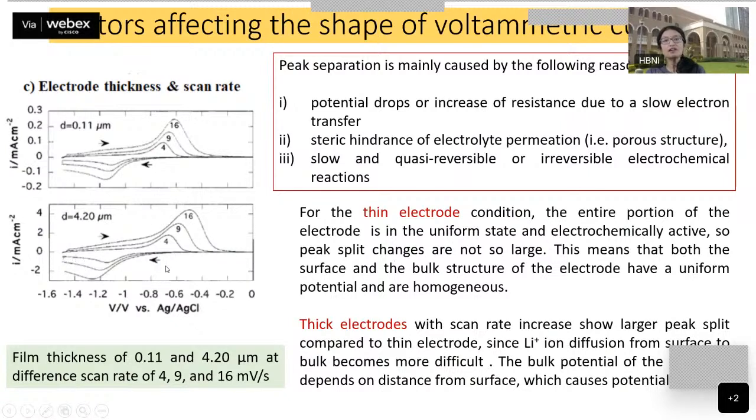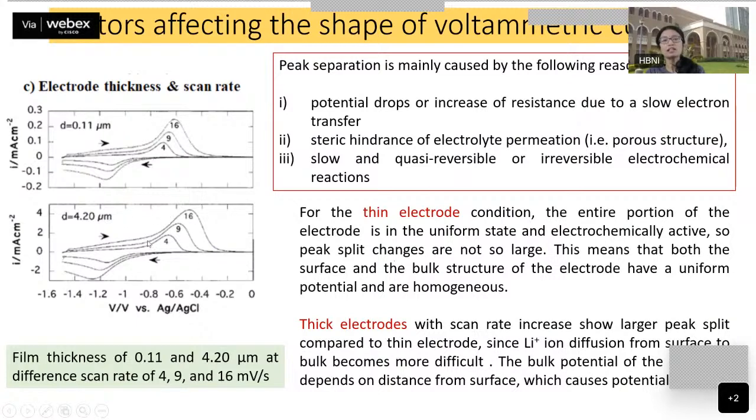But whenever you have a thicker electrode, and the scan rate increases, you will see there is a much larger peak shift. So the peak split, if you see over here, is much larger compared to what you see in case of a thin electrode. Why? Because the lithium ion diffusion from surface to the bulk now becomes more difficult. So there is going to be a lot of overpotential all over here.